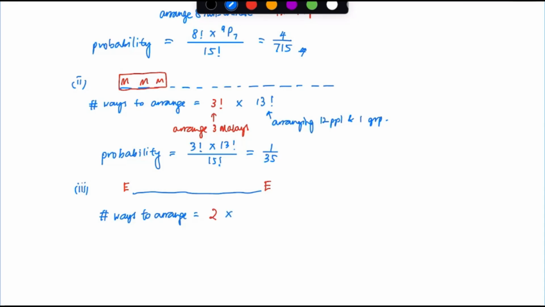Then how many people in between? 13, so this will be 13 factorial. So the probability would be 2 times 13 factorial divided by 15 factorial. So this is 1 over 105.